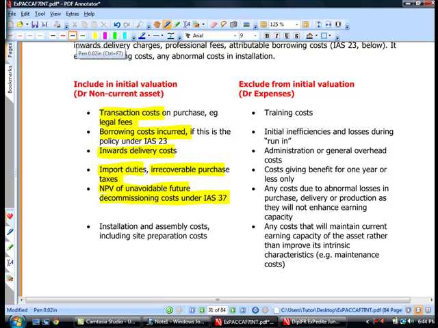That is called decommissioning cost, and it will be included in the value of the oil rig at the present value over 20 years, and it will get depreciated. Each and every year, remember, we will increase the liability with the finance charge in order to reach our estimated liability at the end of 20 years.